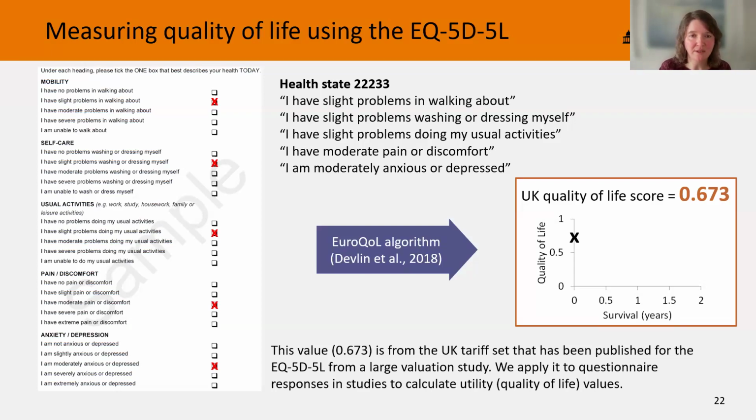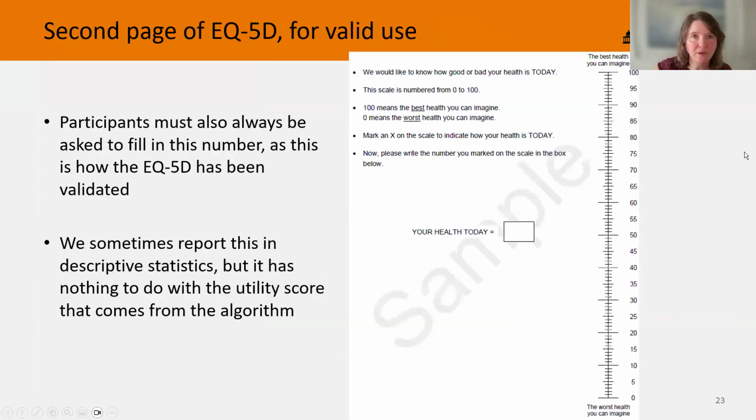And the number that you get if you use the algorithm by Nancy Devlin and colleagues is that the utility score for this health state, the 22233, would be 0.673. So then that sits here on the y-axis of those curves that we saw a couple of slides ago.